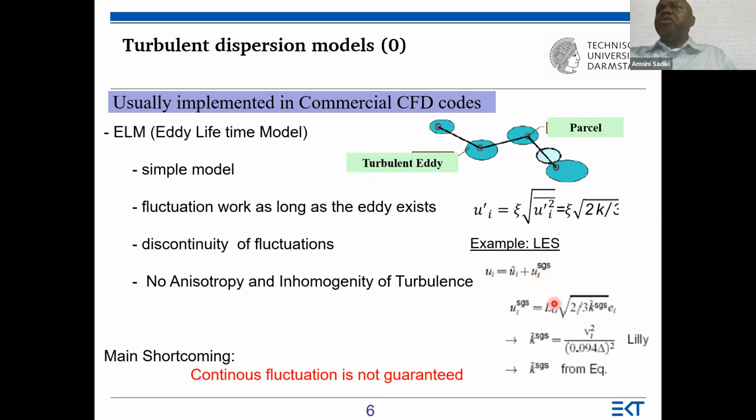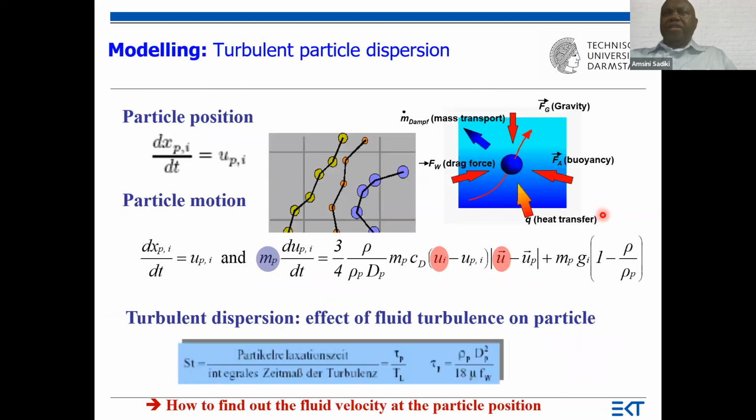And this fluctuation can also be obtained in the same way. We have the variance here, and it can be obtained from the kinetic energy, and it is two-thirds of the kinetic energy. So this means that we need this quantity, and we have either the mean or the filtered part, but we miss the fluctuation part or the subgrid scale part.